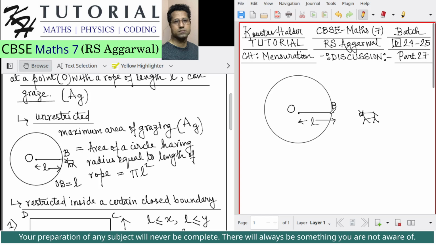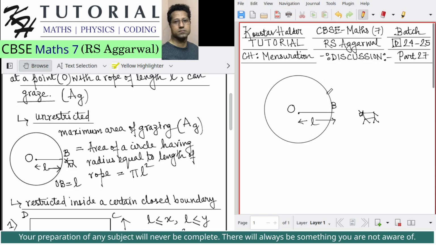The maximum distance that the cow can be from the point O is nothing but the length L, and obviously all the points which are farthest from the point O that the cow can cover will lie on the circumference of the circle with the radius L.